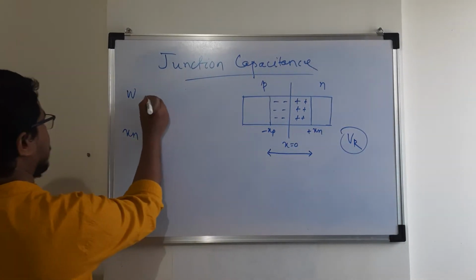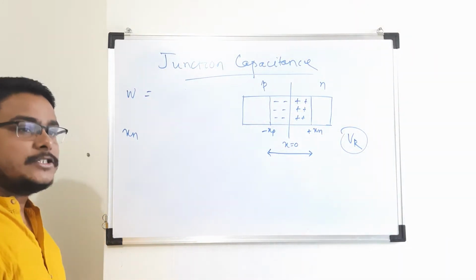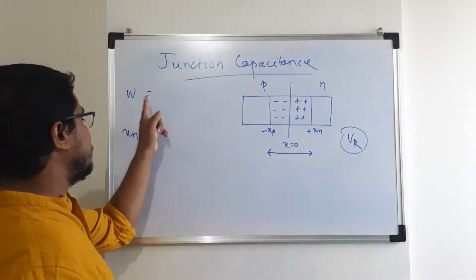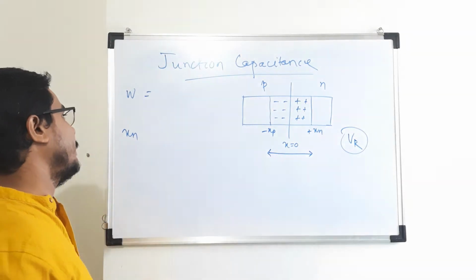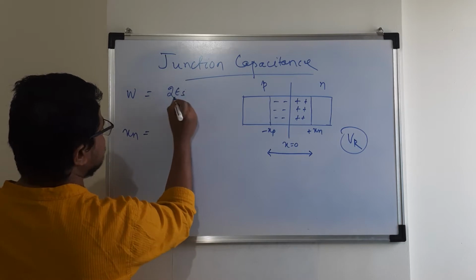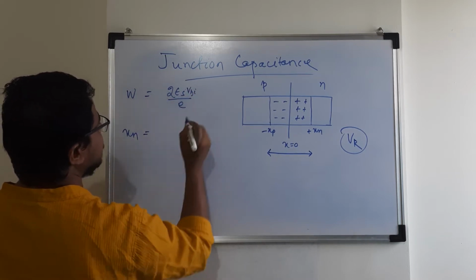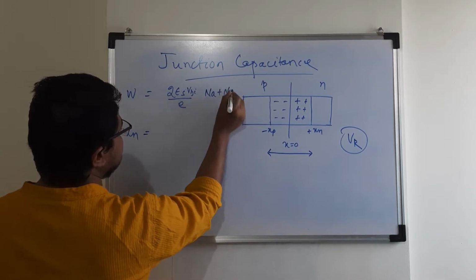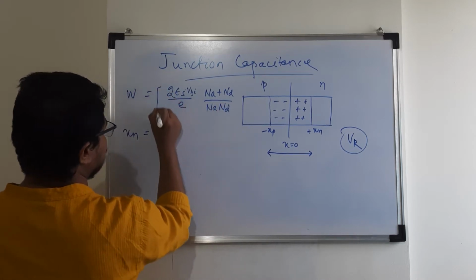In thermal equilibrium, when no potential was given to the PN junction, we discussed the value of the built-in potential barrier, and the space charge width and abrupt boundary in terms of VBI, the built-in potential barrier. If you remember, the space charge width W is given by 2 epsilon s VBI divided by E, times NA plus ND divided by NA ND, all to the power 1 by 2.